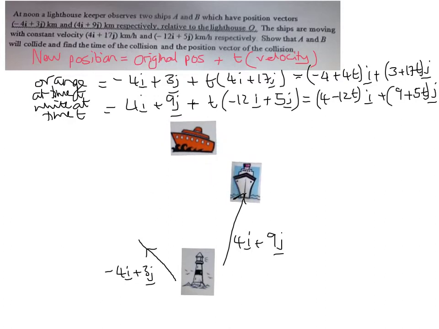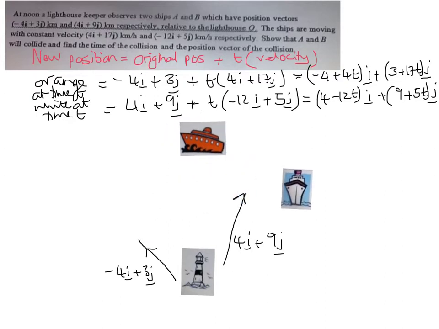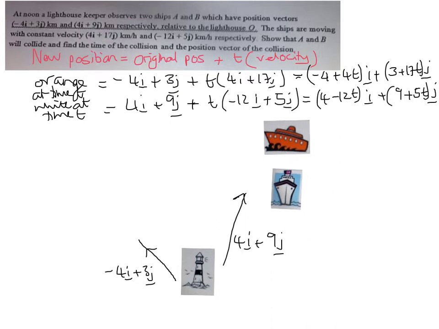Now, at the moment, if I line them up like this, for example, the position vector of the orange ship might be 5i plus 10j, and the position of the white ship is 5i plus 6j. So they've got the same i coordinate, but different j coordinates.